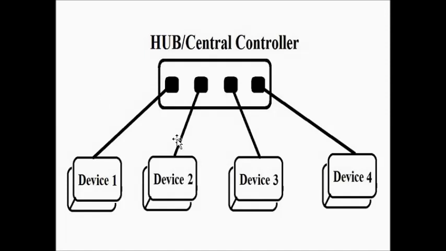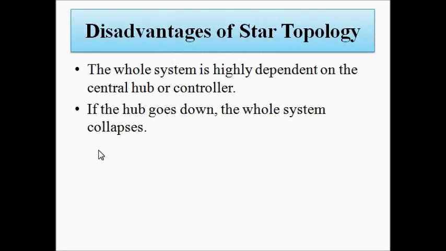The whole operation is highly centralized, it is not distributed. It is heavily dependent on one single element, the central controller or the hub. So any damage to the central controller or hub will shut down the entire network. If the central hub or controller goes down, the whole system collapses. That is one single big disadvantage of star topology.